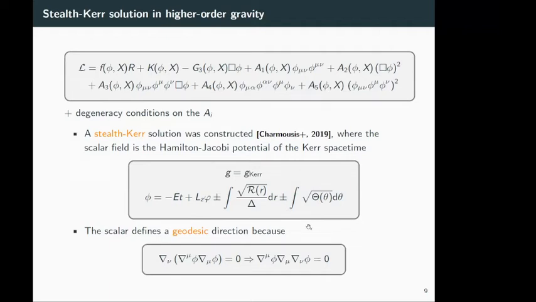So you have found some family of geodesics, and that's how you obtained this solution. Yes, basically the Hamilton-Jacobi method is used to find the geodesics. Here they associated the scalar field itself to the Hamilton-Jacobi potential, and this is how they found the solutions. For their solution to work, there are some constraints on these Lagrangian functions, but I didn't really go into it. But this is basically how they did it. Okay, thank you.